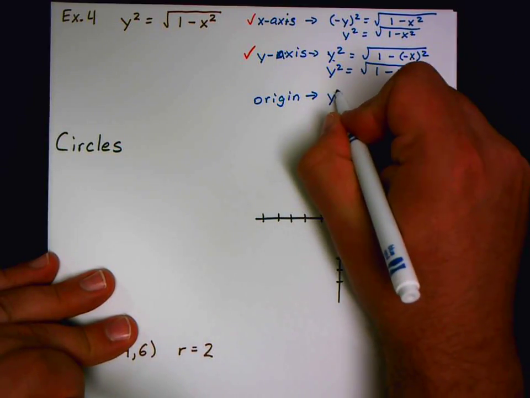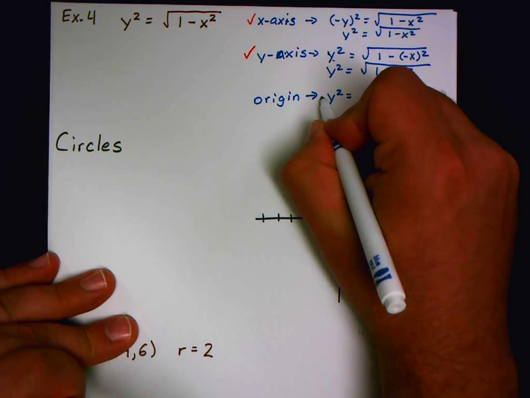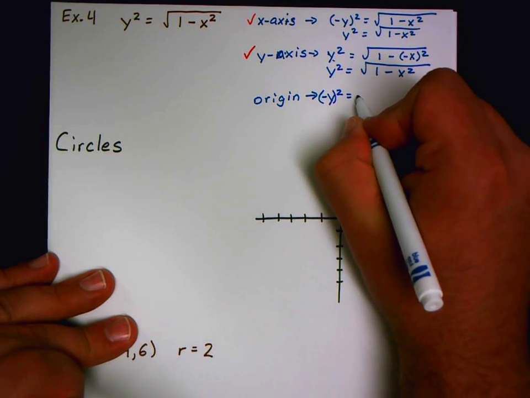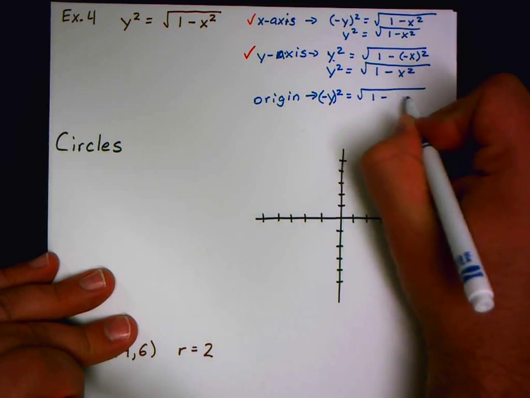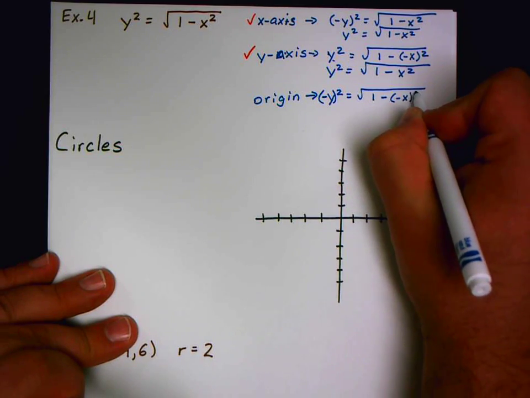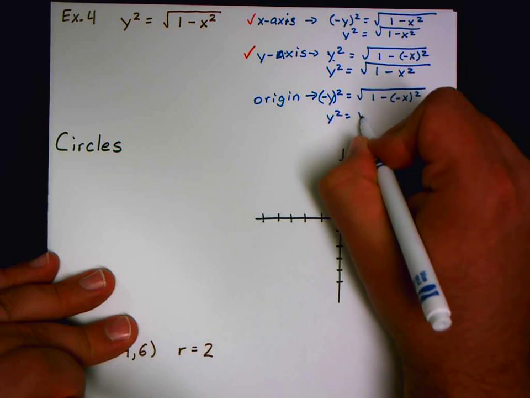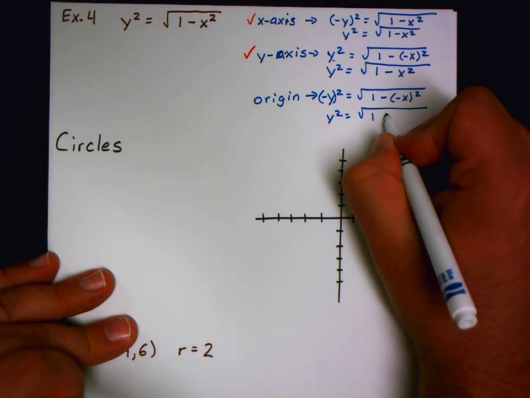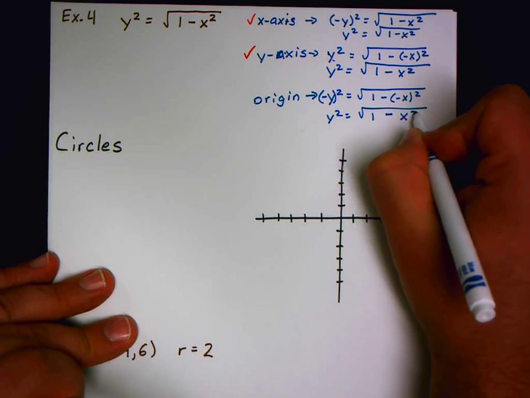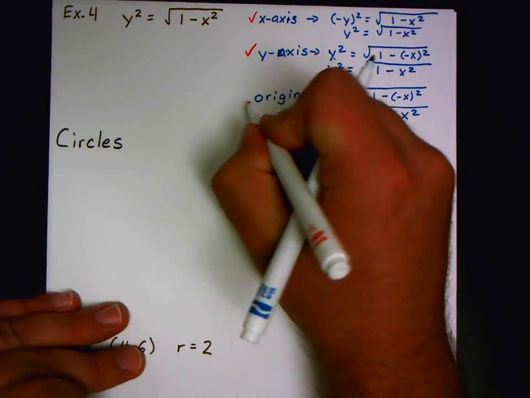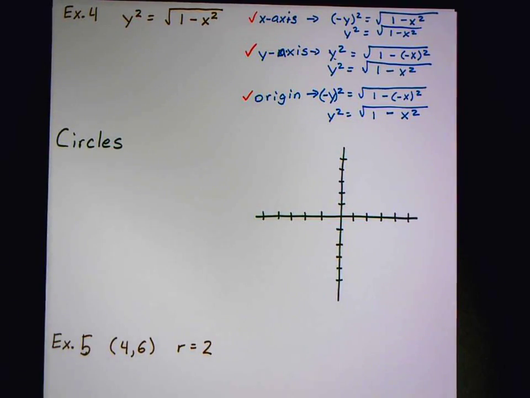And that one works out. So that one has all three of them. Do we have to make sure that the x and y axis work?